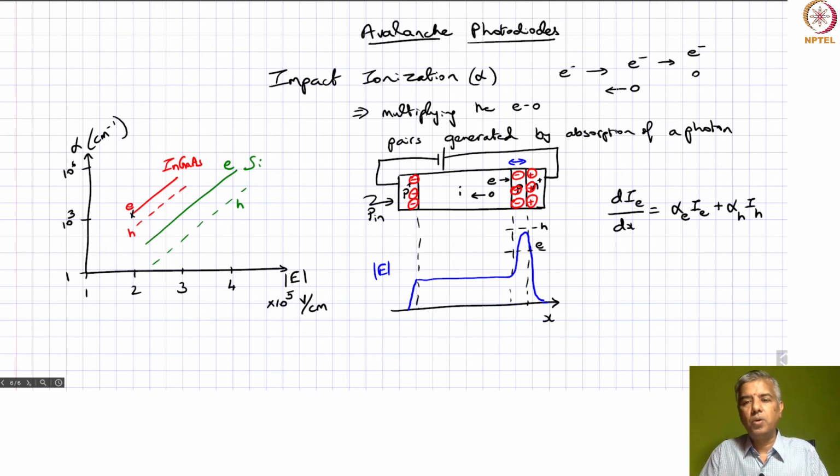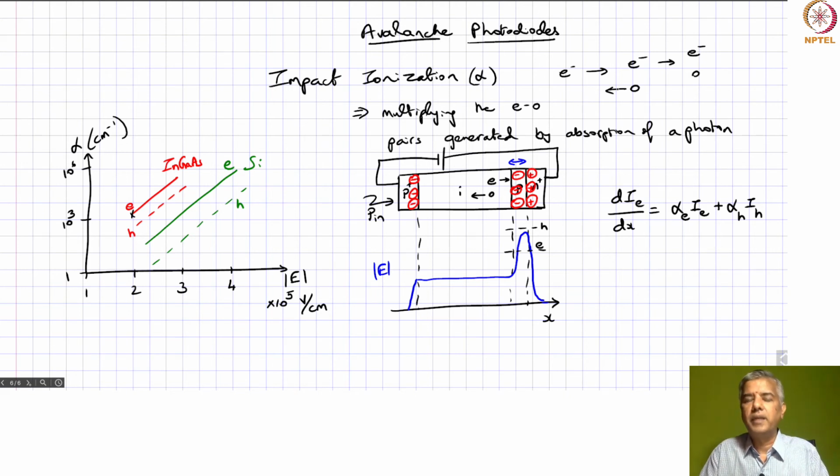So you cannot have both electrons as well as holes participating, because if the holes also are generating their own random process, then the corresponding generated current is going to be that much more noisy.